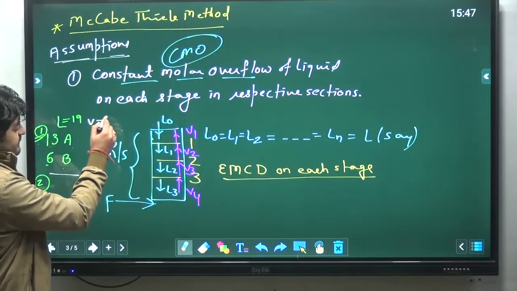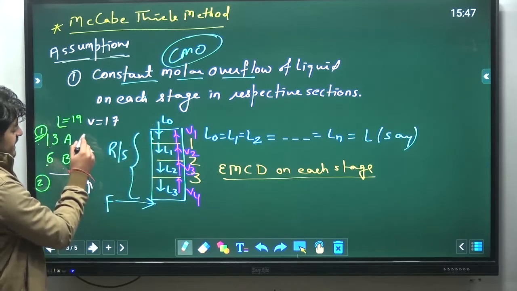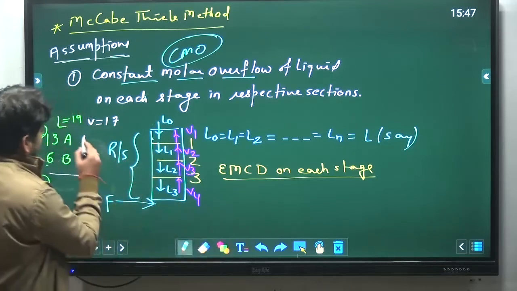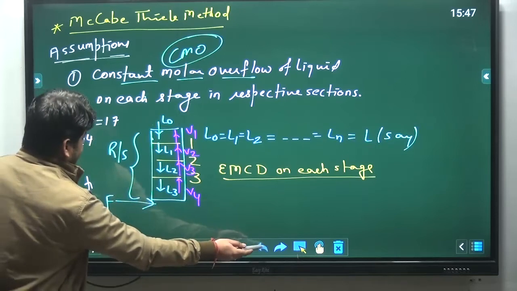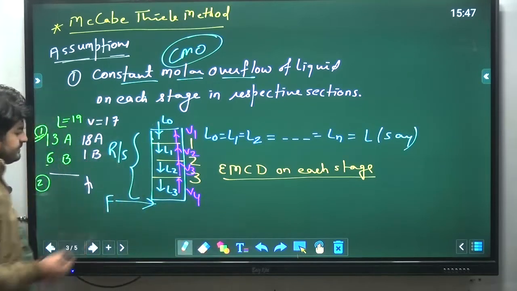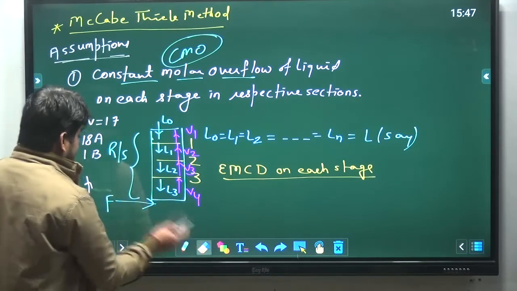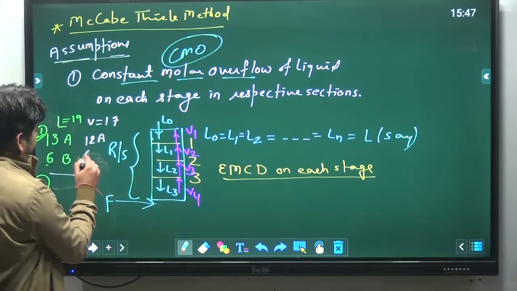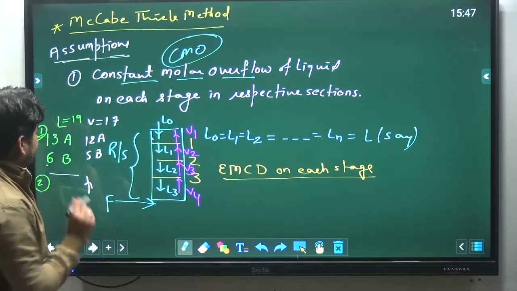Suppose the vapors have a total flow rate of 17, with 12 moles of A and 5 moles of B.